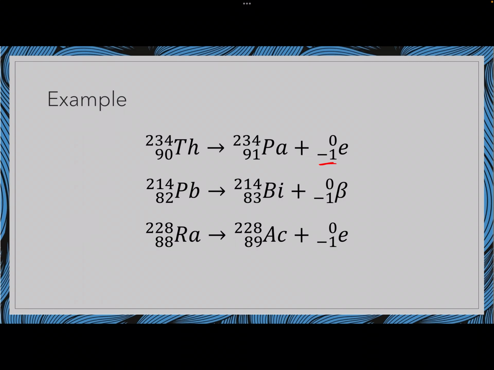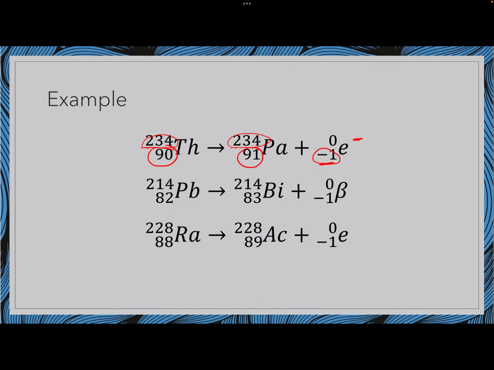So we can see that the mass number hasn't changed, so it's gone from thorium-234 to protactinium-234. The atomic number is increased by 1, so it's gone from 90 to 91. And then we've written this electron at the end here as a -1. Sometimes it might also be written with the charge on it.